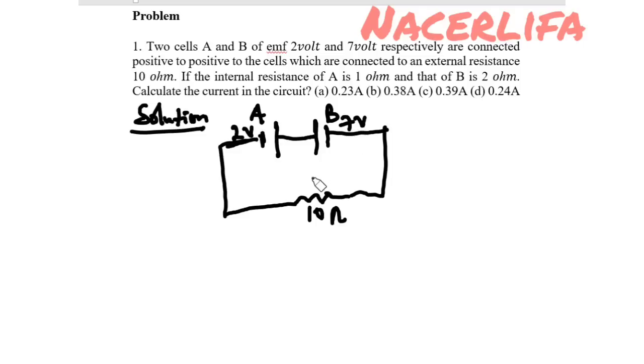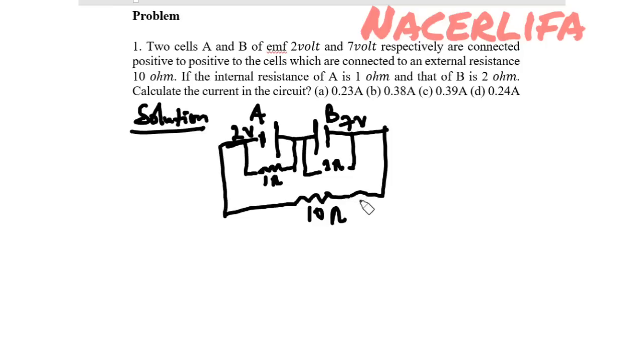If the internal resistance of A is 1 ohm and that of B is 2 ohm, for the internal resistance we still draw the symbol for resistance. Internal resistance of this is 1 ohm and internal resistance of this is 2 ohm. So the question is to calculate the current in the circuit.